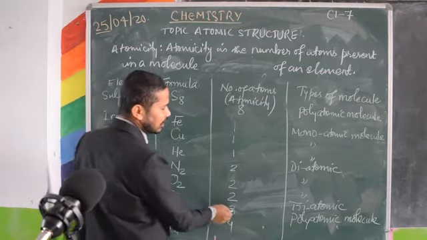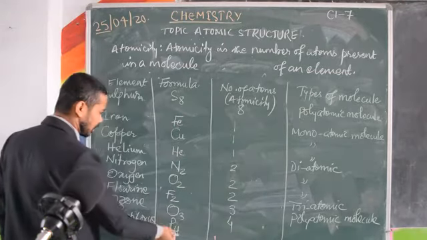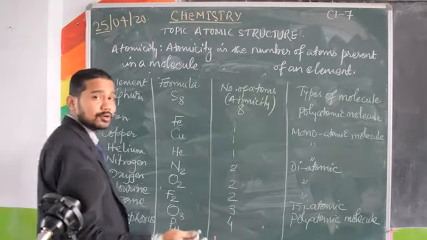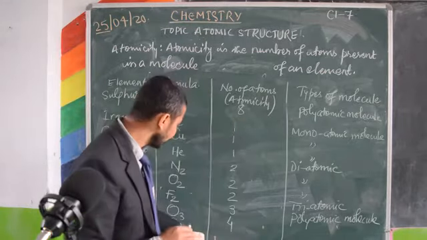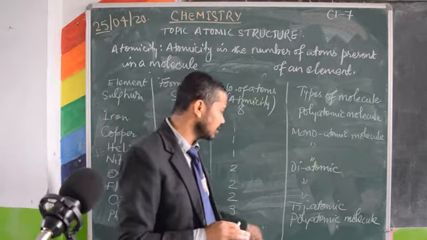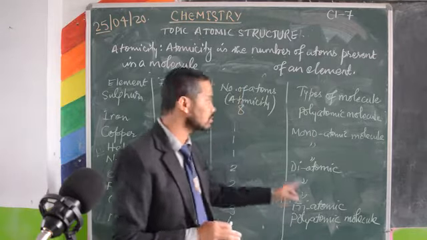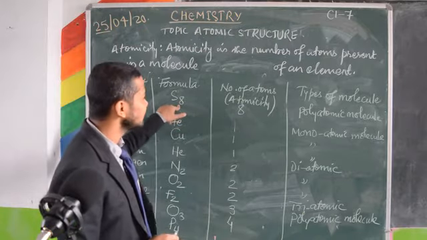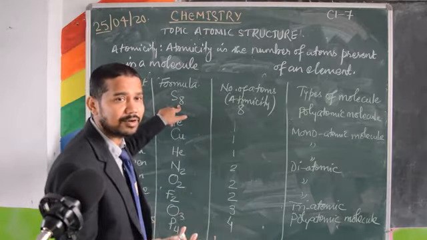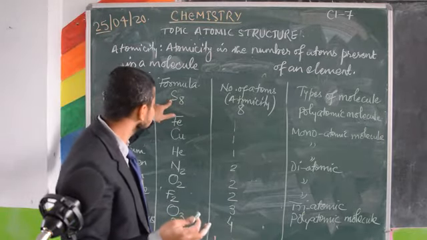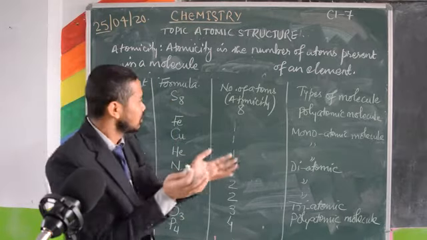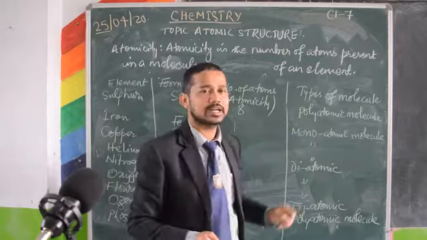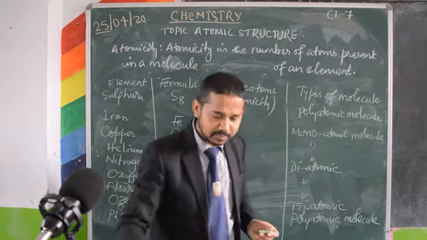So this is triatomic. Polyatomic, the phosphorus molecule has 4 atoms of phosphorus, so its atomicity is 4. Sulfur atomicity is 8. In a molecule of sulfur, 8 sulfur atoms are joined, so it is also a polyatomic molecule.